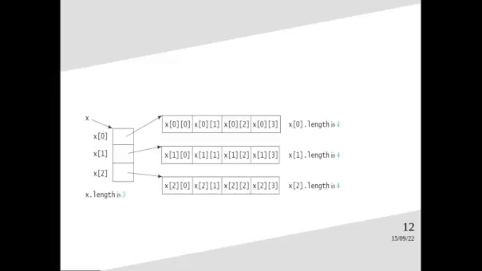So this will be an array which holds the reference objects which point to other arrays. These 3 are objects: x0, x1, x2. Each will contain another array: x00, x01, x02, x03 for x0, and similarly for x1 and x2.